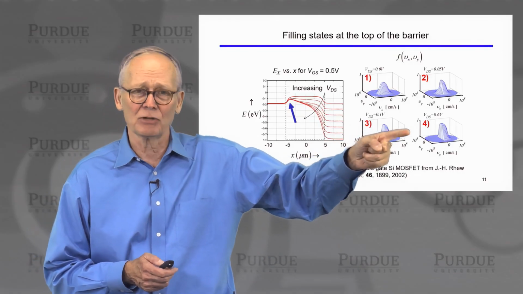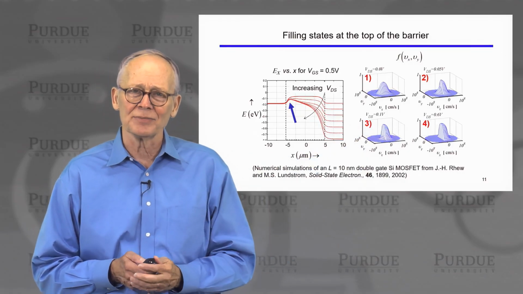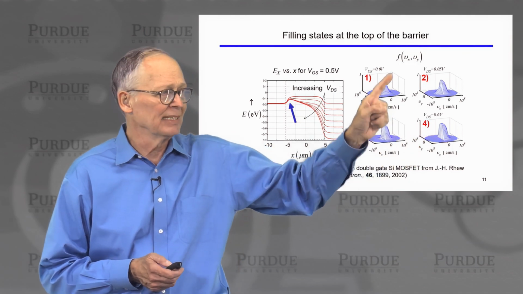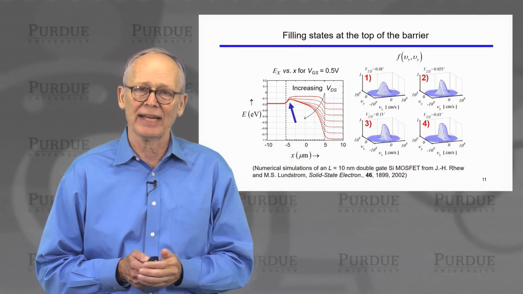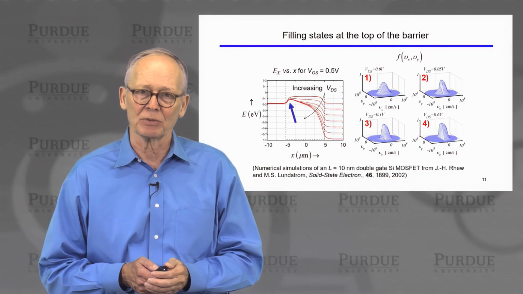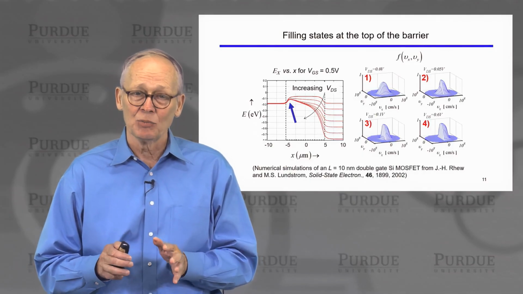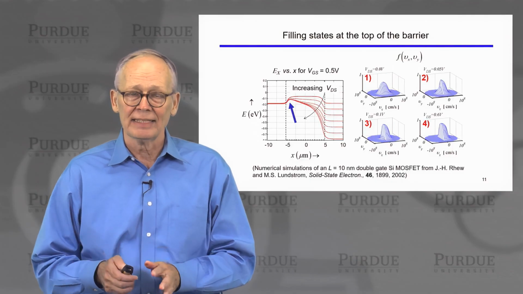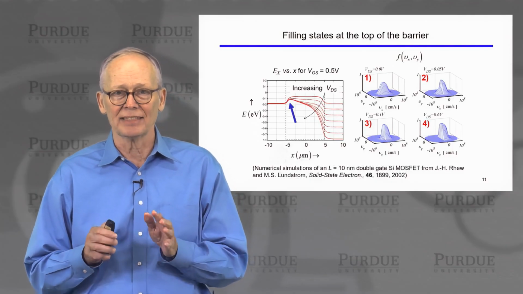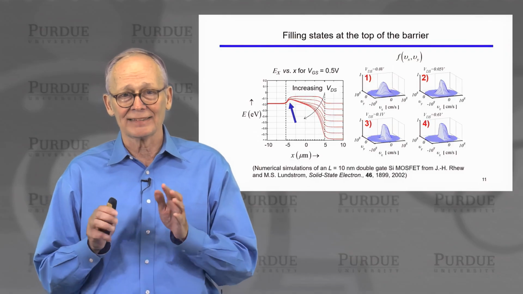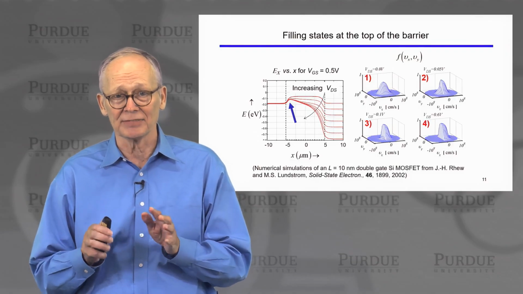Now, those of you that are looking carefully might notice that the positive half of this thermal equilibrium distribution is a little bigger than the positive half of the initial thermal equilibrium distribution. You know, what's that all about? Well, what that's all about is that MOS electrostatics demands a certain charge at the top of the barrier, minus C inversion times Vg minus Vt.